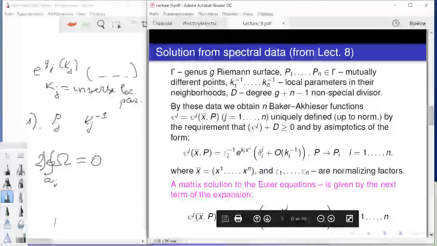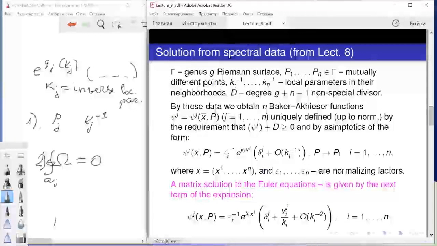Let me recall from the last lecture the following. What we need: how to retrieve a solution to Euler type equation from spectral data.